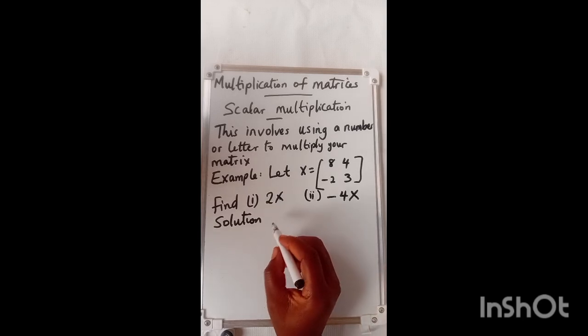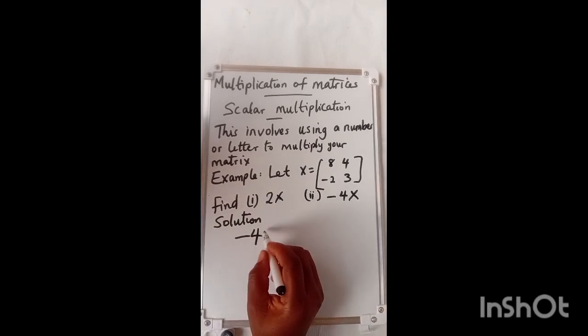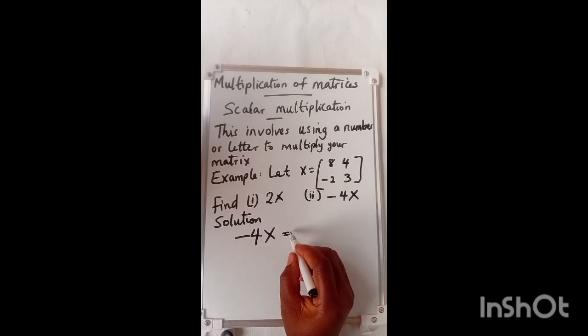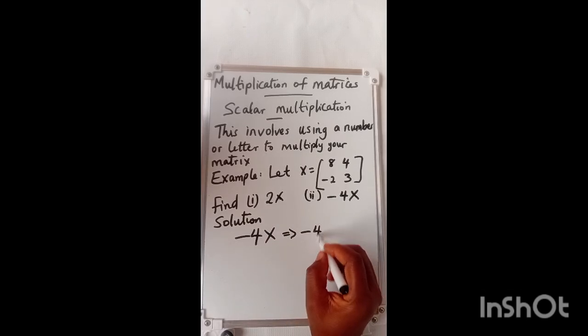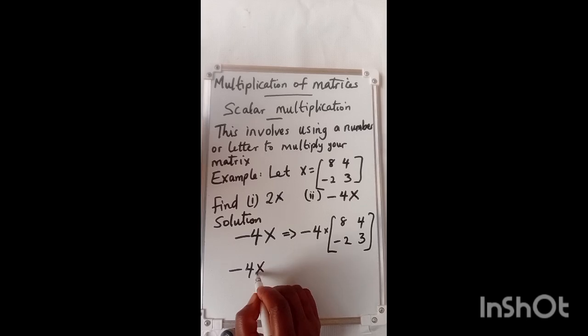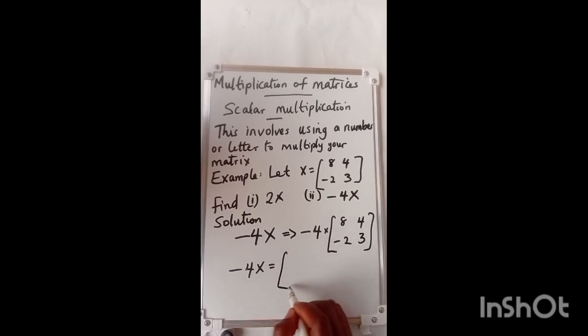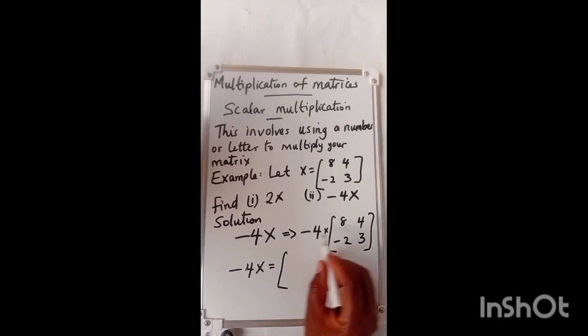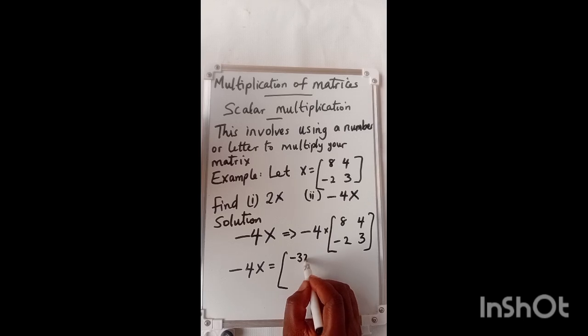Number 2, to find minus 4X. Minus 4X implies multiply minus 4 by matrix X. So minus 4X gives us minus 4 times 8, minus 32.